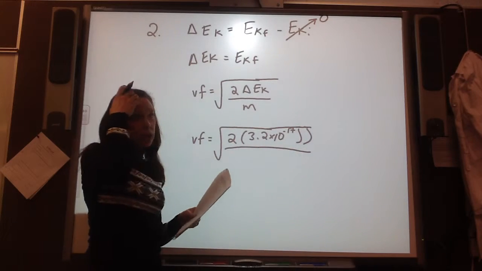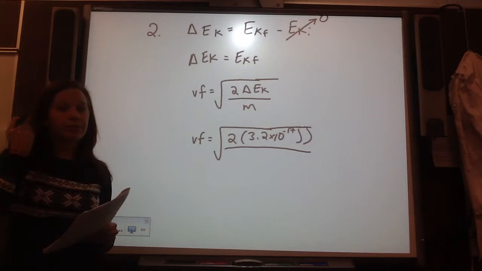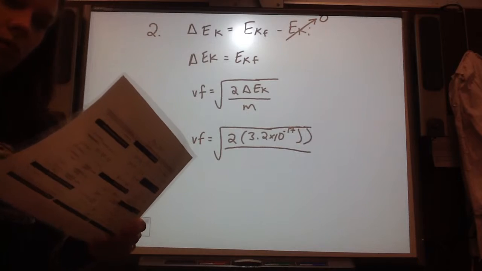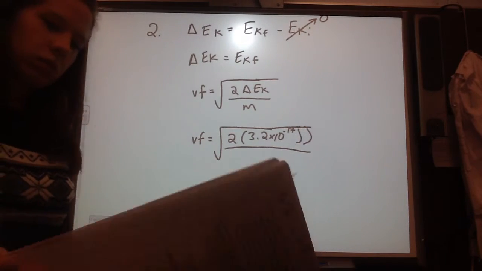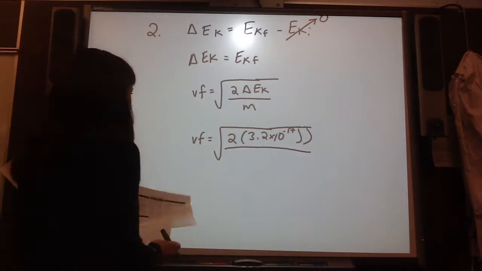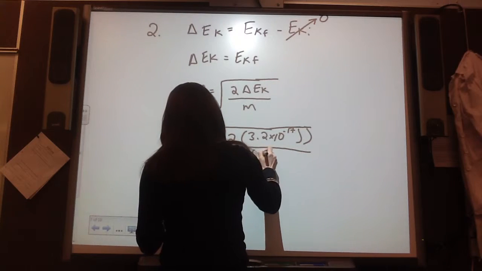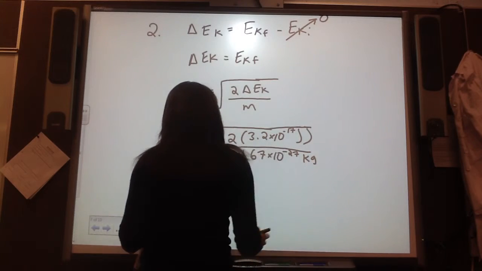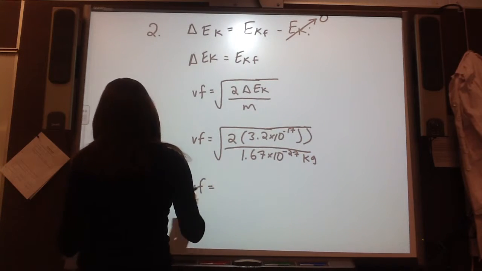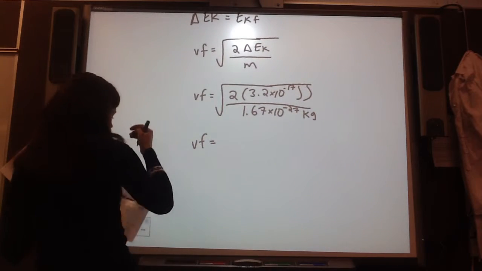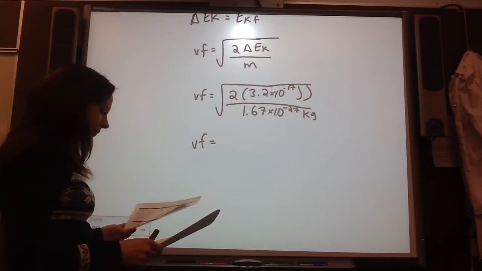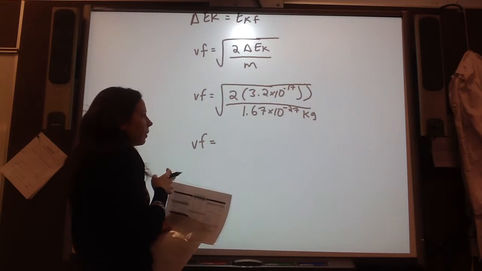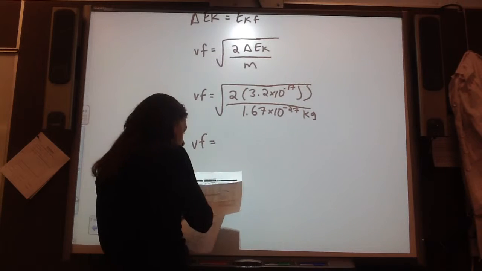Then you go to your data booklet to find the mass of a proton. So your mass is 1.67 times 10 to the negative 27.